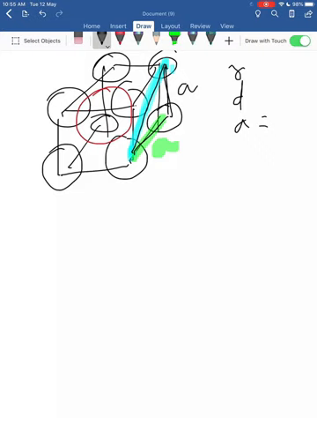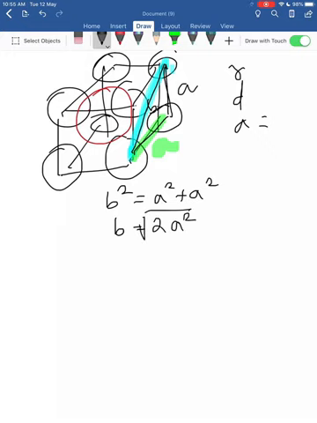I'll take this hypotenuse as b. Now let me calculate first what b is. So hypotenuse square is equal to perpendicular square plus base square. So b square is equal to a square plus a square, that is 2a square. So b is equal to the root of 2a square, so b is equal to root 2 a.